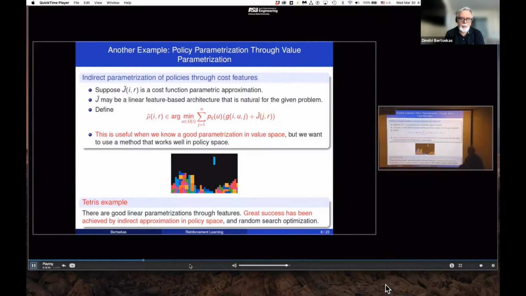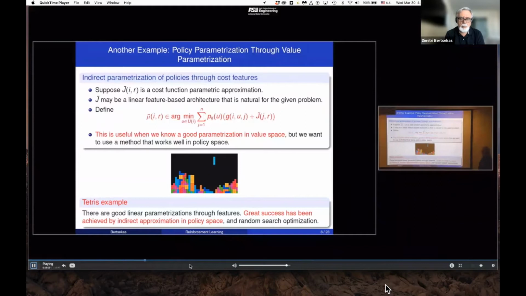So we could use approximation in value space, in approximate policy iteration, and so on, but it turns out that with this policy parameterization here, people have been able to use random search and do very, very well.